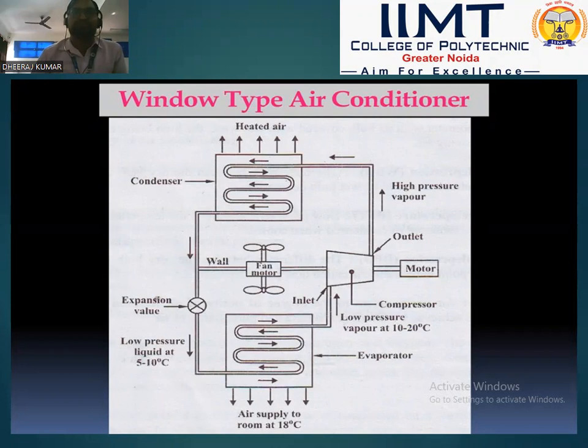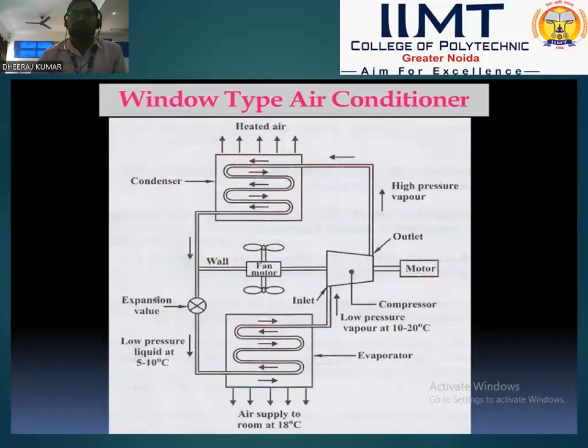High pressure, high temperature liquid refrigerant is supplied to the expansion valve. During the expansion process, the pressure and temperature are decreased. Low temperature and low pressure refrigerant is supplied into the evaporator.